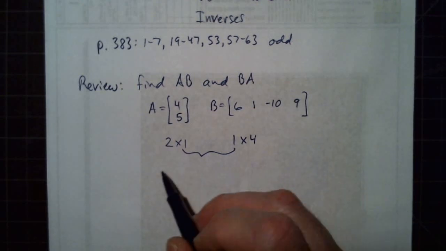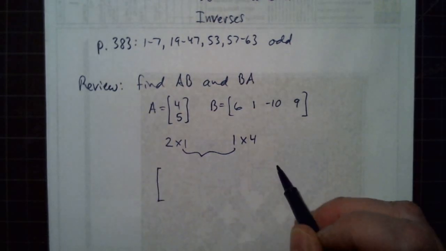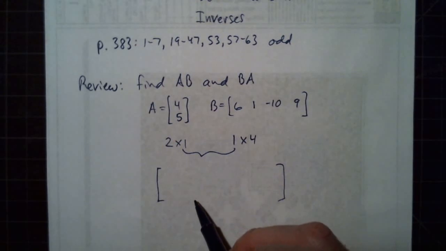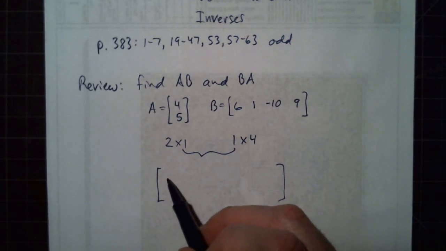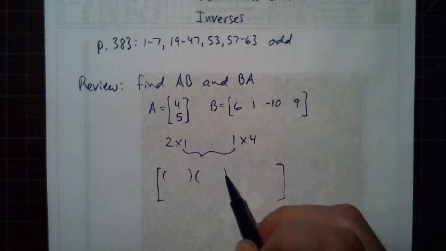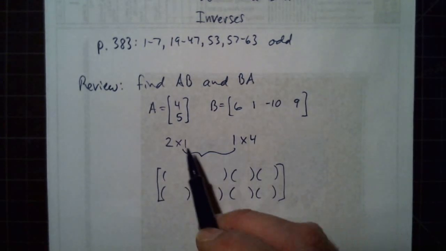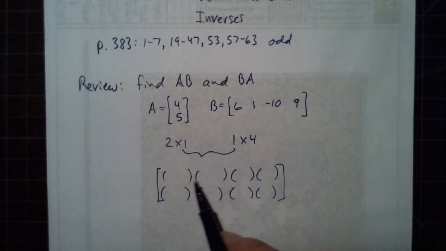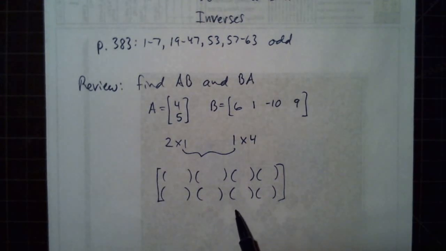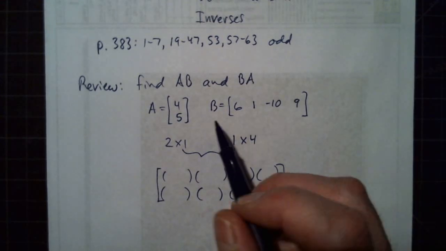We know we're going to have a 2 by 4. So let's go ahead and put that spacing in. If we have 2 by 4, we know we need all these spaces, and then we won't forget what goes in them.